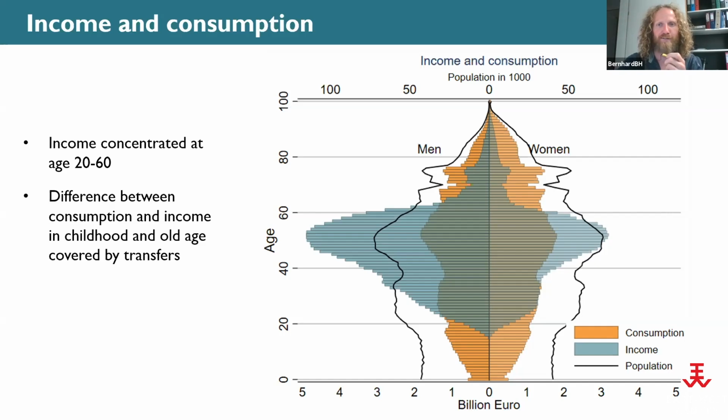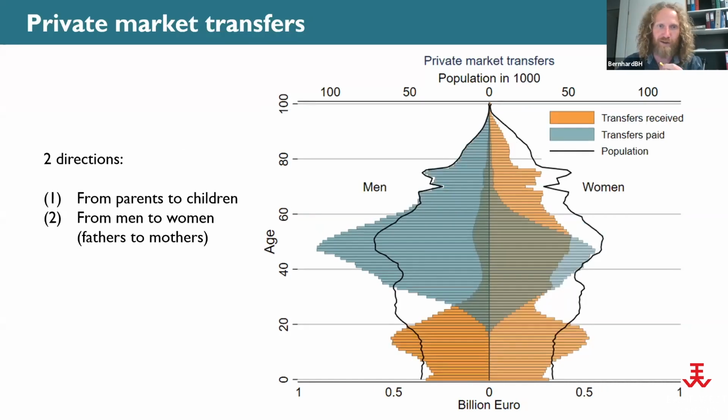So the difference between consumption and income in childhood and old age is covered by transfers. There are two important channels. This is the transfers within the family and public transfers. Let's have a look at the transfers within families. So the green area are the contributions, the orange area are the transfers that are received. I call it intra-family transfers, but they are the intra-household transfers, which are mostly transfers within families.